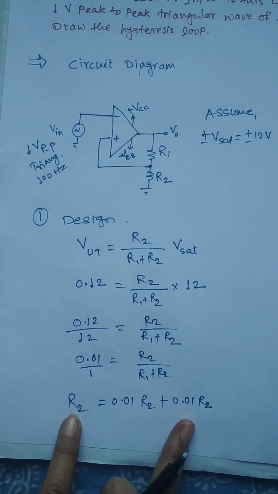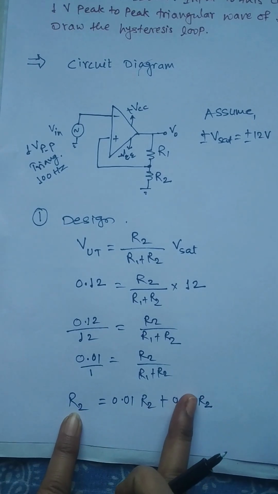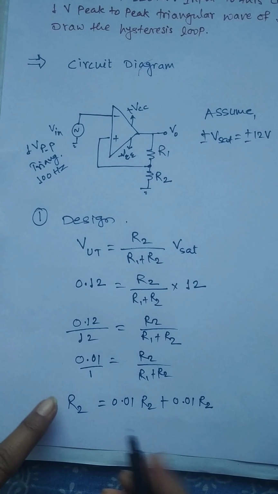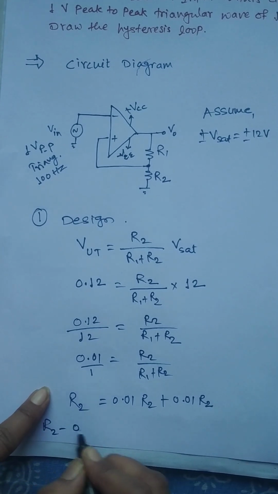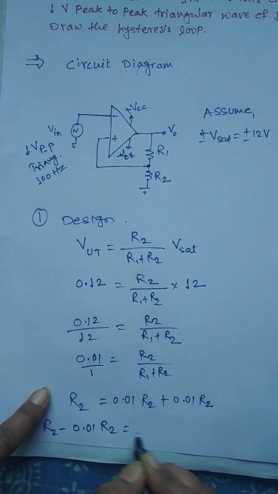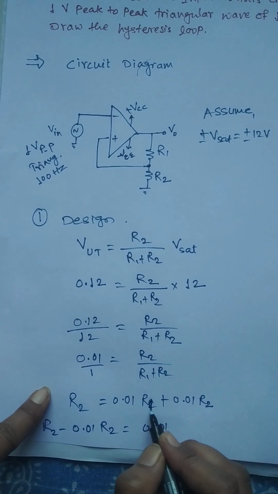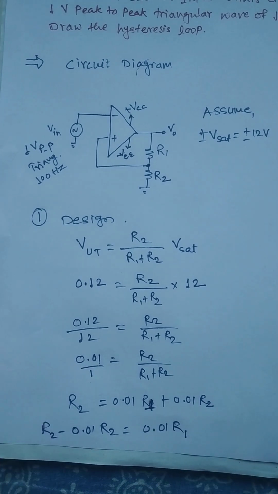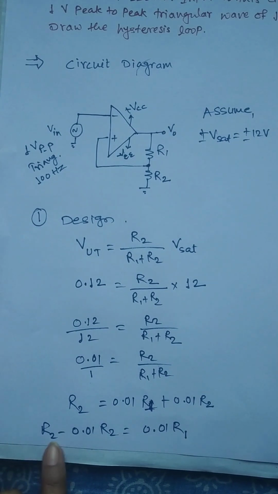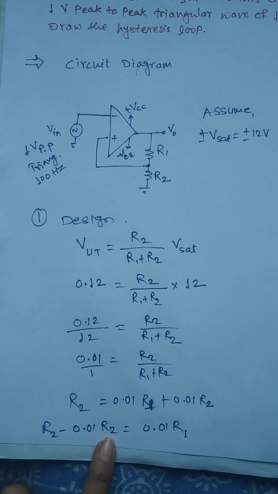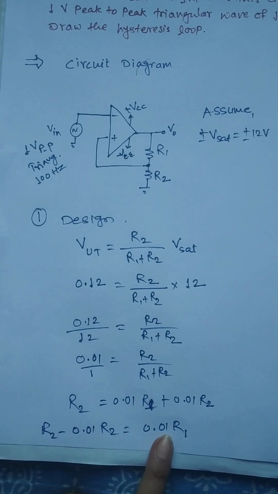Now similar terms, R2 minus 0.01 R2, which will be equal to 0.01, oh sorry, this is R1. So after doing the subtraction, it is 1 R2 minus 0.01 R2 is equal to 0.01 R1.